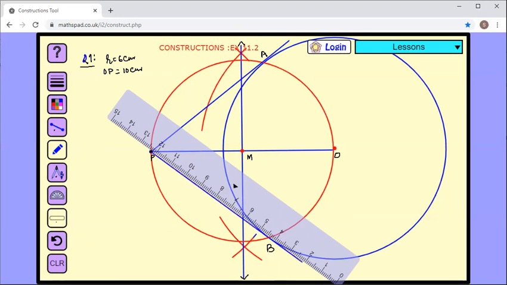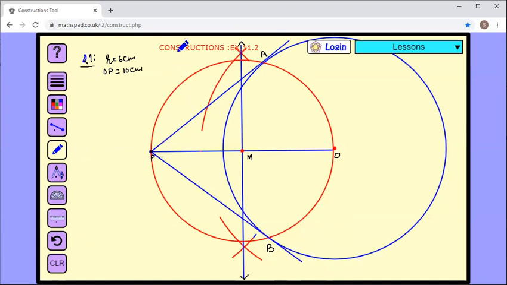This is the construction of two tangents from the exterior point P.